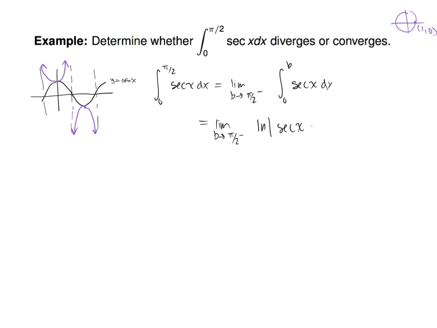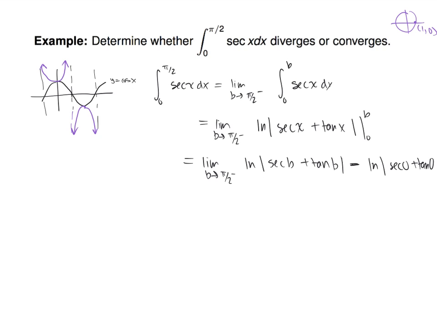Natural log of absolute value secant x plus tan x from 0 to b. So we got the limit as b goes to pi over 2 minus natural log absolute value secant b plus tan b minus natural log absolute value secant 0 plus tan 0.